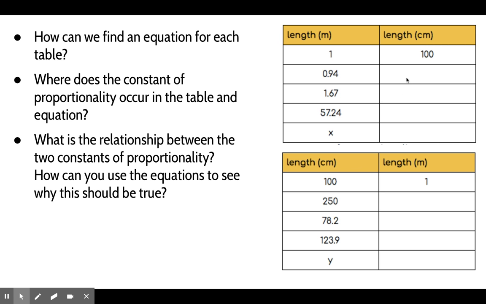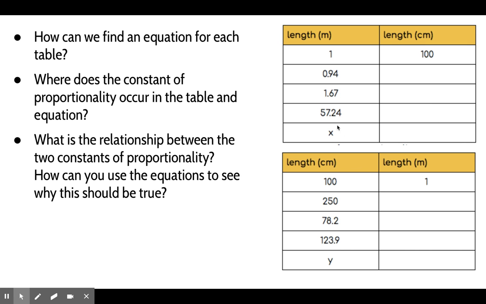So, now that we're ready to check our answers, the first number, for 0.94, the length in centimeters would have been 94. For 1.67, the missing value in the table would have been 167 because 1.67 times 100 gives me 167. 57.24 times 100 would have given me 5,724. 5,724 would have been my value in the table.